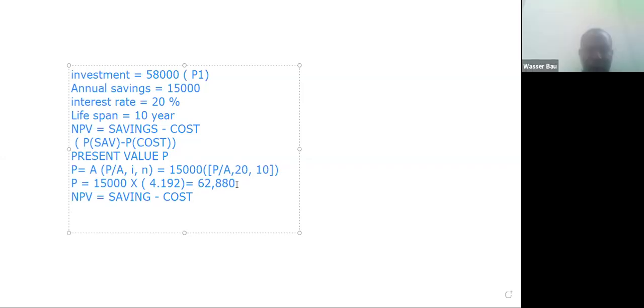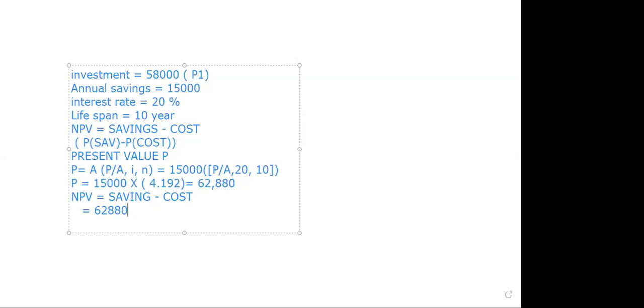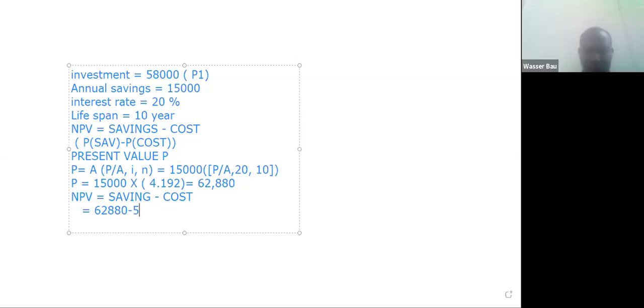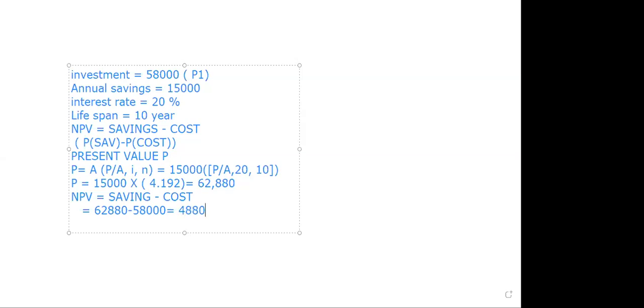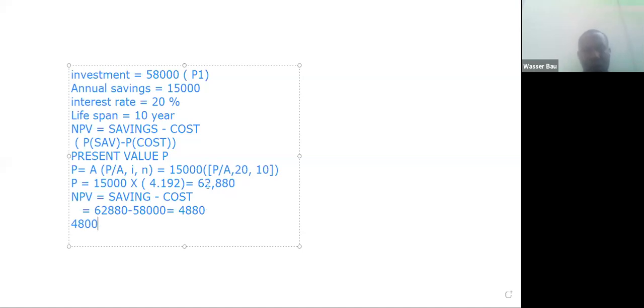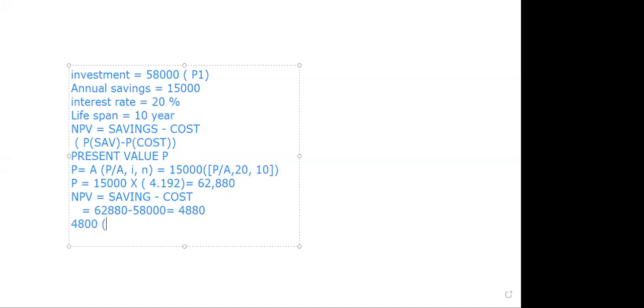So the NPV automatically becomes 62,880 minus 58,000, which is the initial cost of investment. And that answer will be 4,880. So the question, is it a good investment or not? It is. So, good investment.